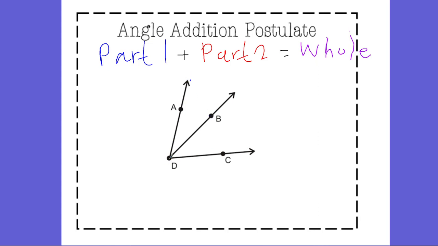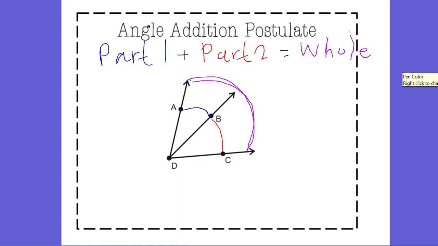And so then we can draw this ray DB, and it separates that whole big angle ADC into two smaller angles. So this is part 1. This is part 2. And then this is the whole enchilada. Part plus part equals whole.